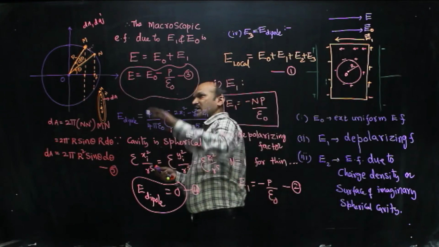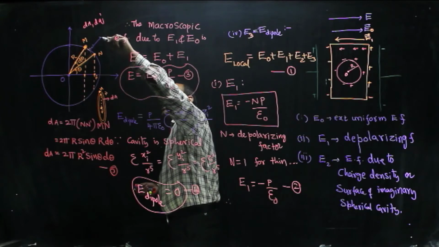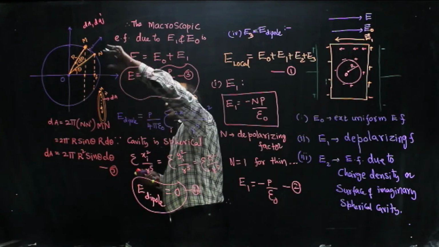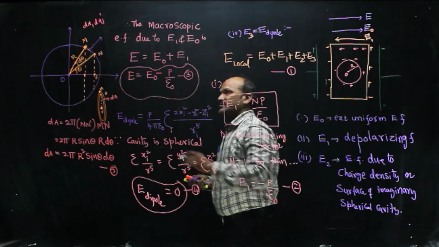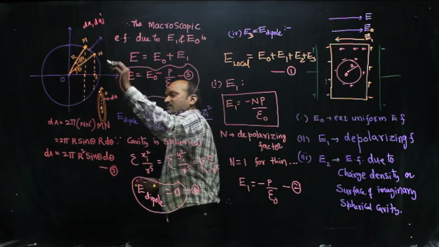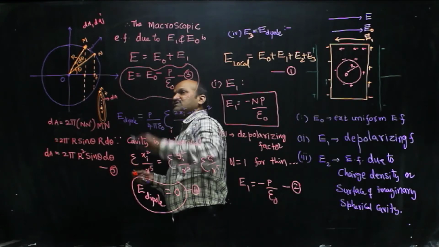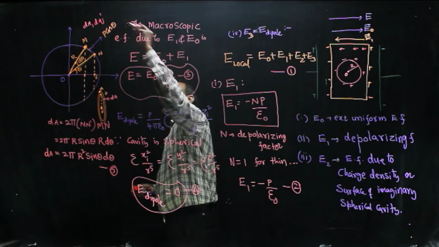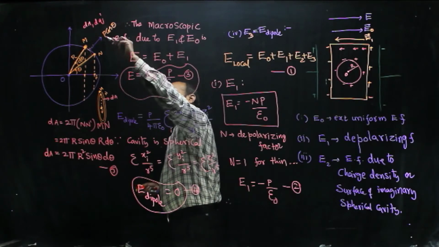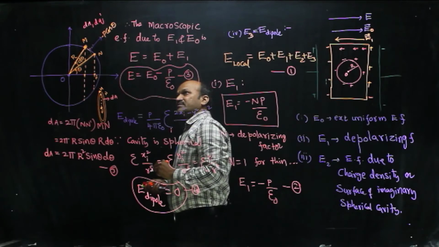Let us draw the normal to that small strip, and the polarization along the normal drawn is P cos theta, actually minus P cos theta.